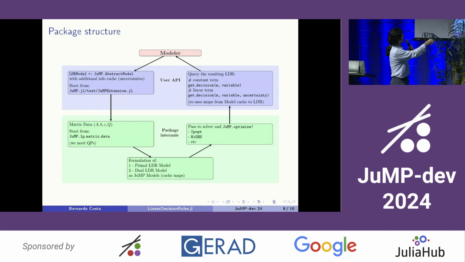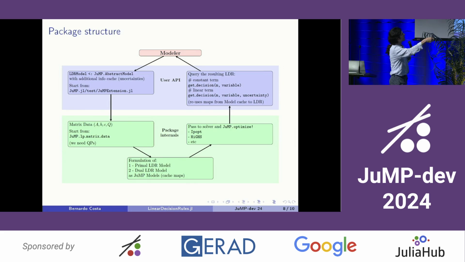Then the package will take this matrix data and formulate the primal and dual linear decision rule models. There's a part here which is not completely explicit, which is how you transform your distribution into this matrix M. But if you're using a standard Julia distribution, you can have queries for the expected values and the variances that will allow you to build this psi transpose matrix. So you formulate this, and then the package will pass the resulting models to your favorite solver, and you'll optimize on top of that.